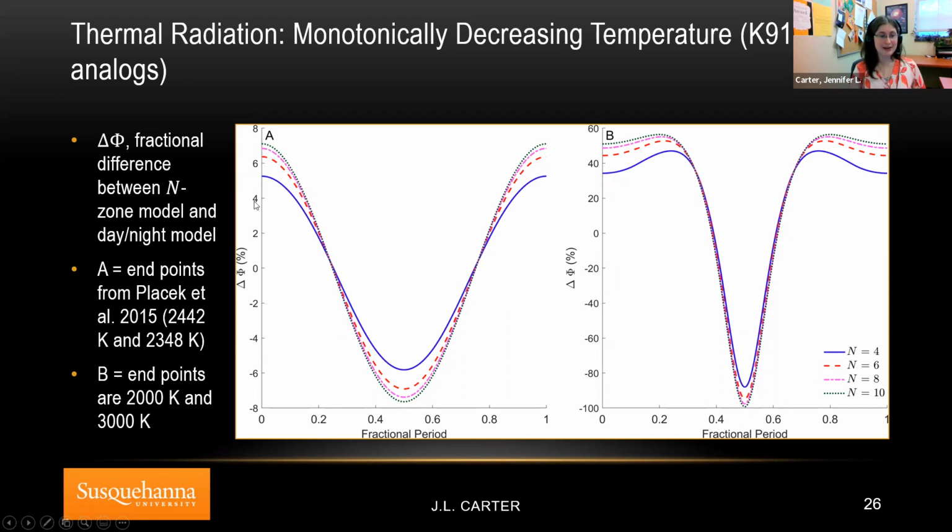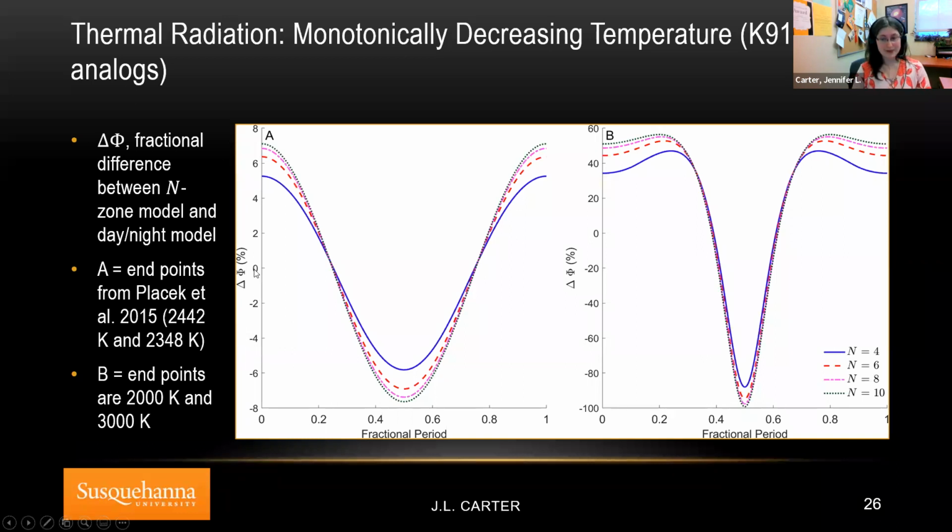In plot A, I'm using results from Placek et al. where the hottest temperature is the day side temperature and the coolest is the night side, just to make a comparison. You'll notice that the difference isn't very great because the difference between these 2 temperatures is not very great.